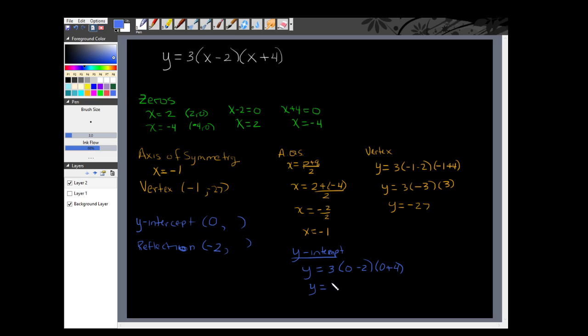It's just a little shortcut to actually doing this part here. So 0 minus 2 is negative 2, and 0 plus 4 is 4. So I get that y equals 3 times negative 2 times 4. That is negative 24. And that's what I'm going to plug in here for my y-intercept and for my reflection.